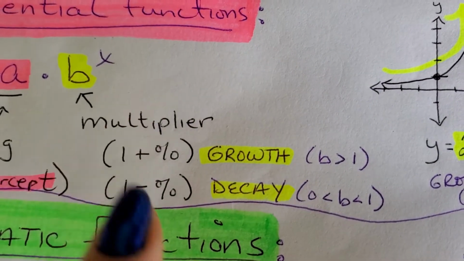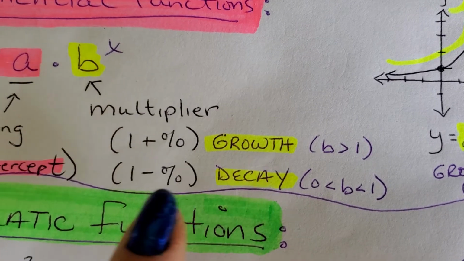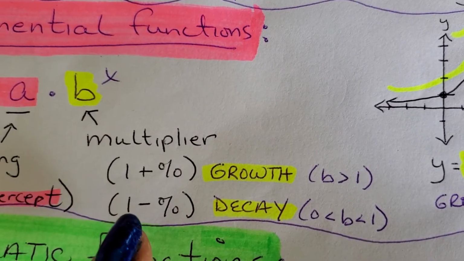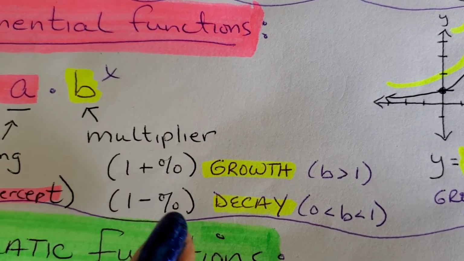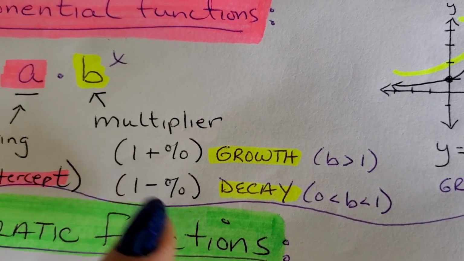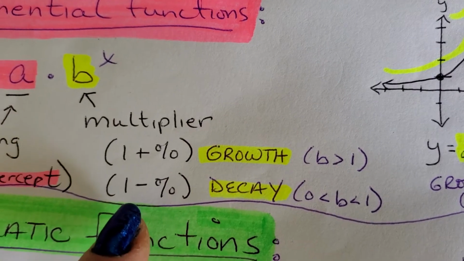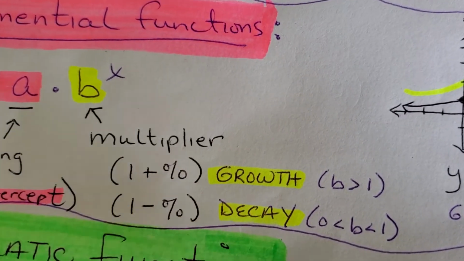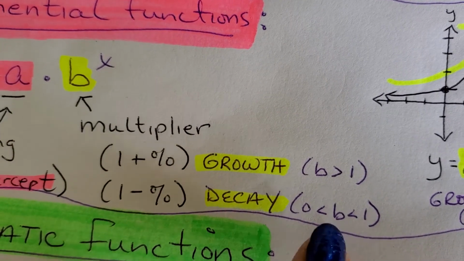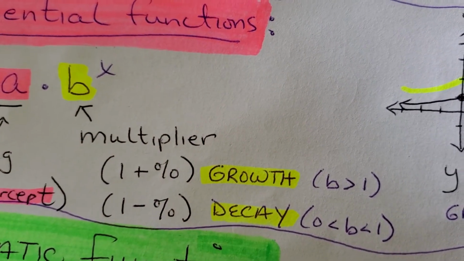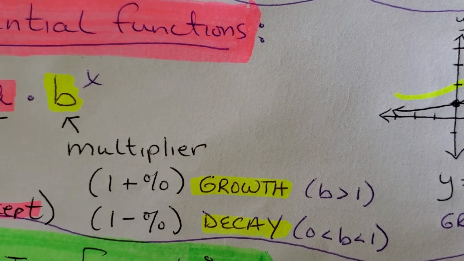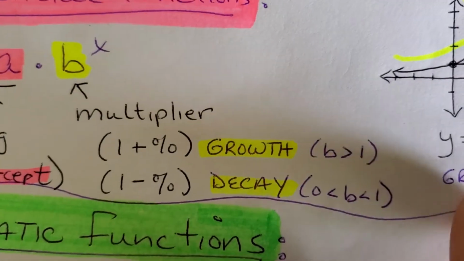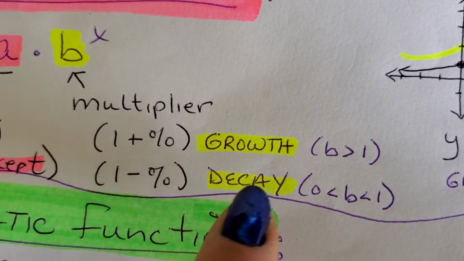When our multiplier is a decay function, that's normally when we are losing percentages or there's a decrease in population or a decay, and that's 1 minus our percentage, which really is normally a number that is between 0 and 1. So you can think of it like a decimal amount or fractional amount that's between 0 and 1, okay? So that is a decay function.